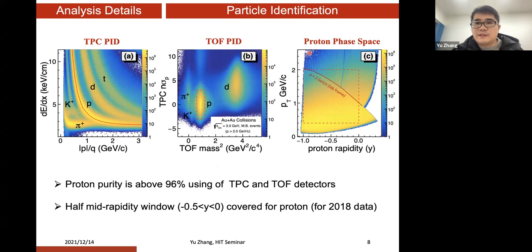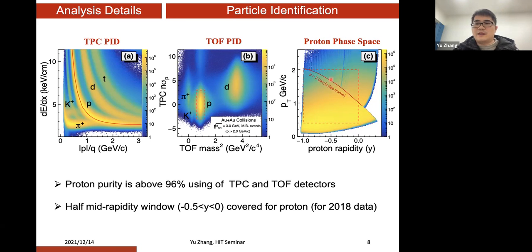The right-hand side plot is pT versus proton rapidity. The rapidity is shifted to the center of mass frame. The red dashed box is the analysis window from -1 to 0, and you see a clear difference in this plot.